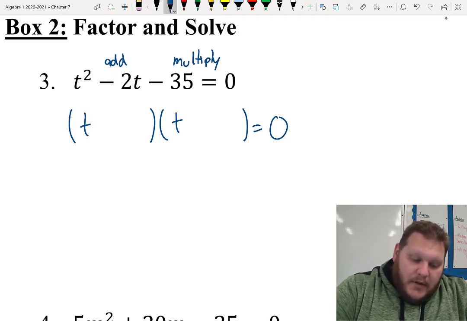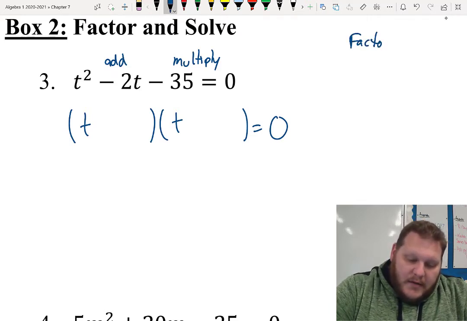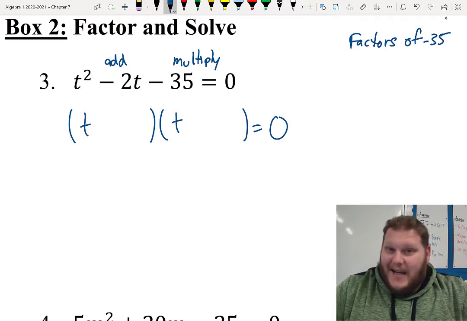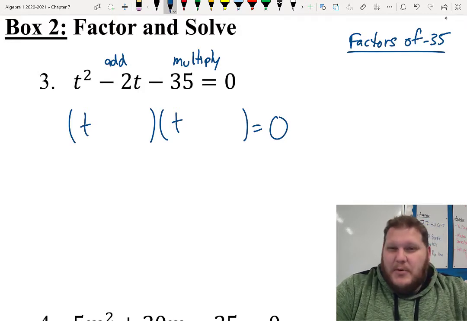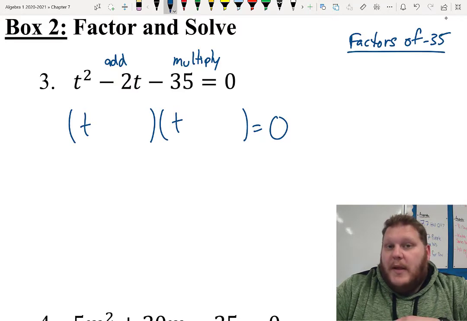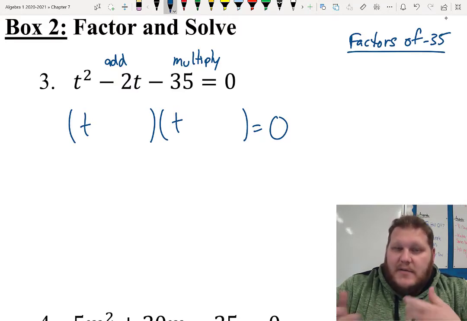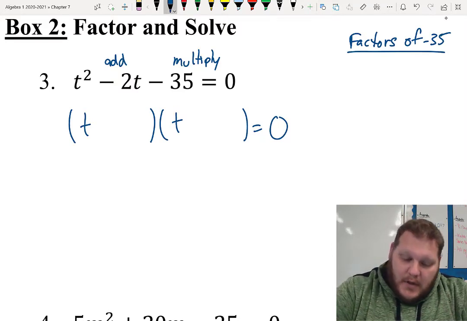If you need to, like we did before, you can write out your factors of negative 35. Because we're trying to add up to a negative 2, we're going to make the bigger one negative, the smaller one positive, so that when I add them together, they end up being negative. So we've got 1 and negative 35.